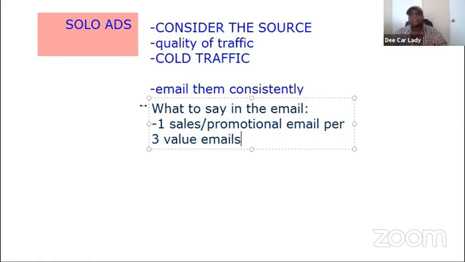Basically what that means is you don't want to bombard them with only saying, hey, join me, hey, Easy1up is great, join me, hey, get in there and upgrade your account, hey, get in there and pay me. All of that type of email is what you would consider sales or promotional. So you don't want to send that all the time. You want to mix things up.